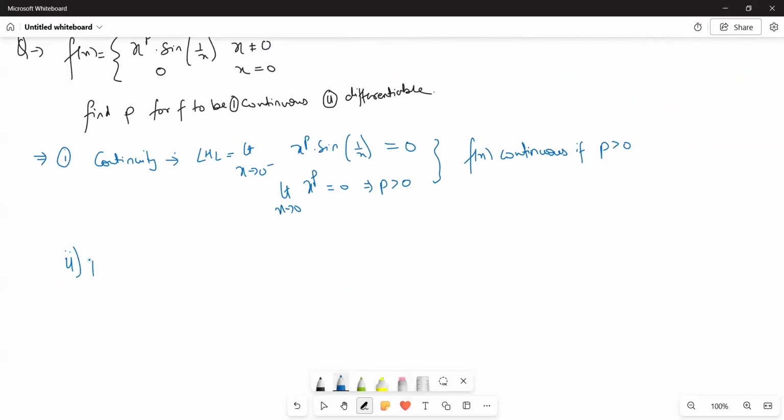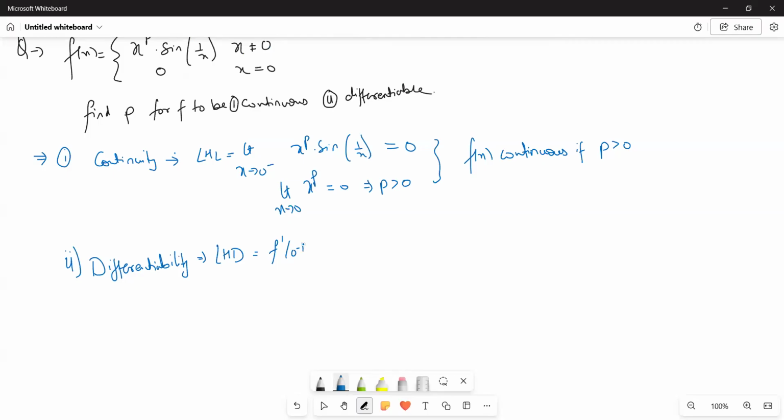And then we look for differentiability. In differentiability, because it's a case of removable discontinuity, direct differentiation will not work. So we look at the left hand derivative.